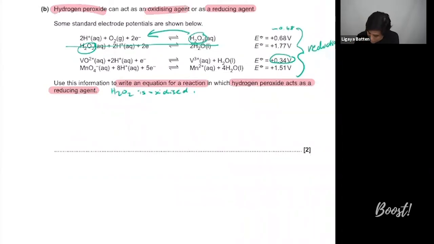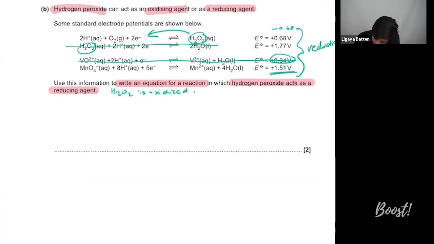So we can also cross out this, because this is not going to be a feasible reaction with the hydrogen peroxide that we chose. Just double checking this 1.51. If we add that to our minus 0.68, then we will get a positive value, which means that the reaction is going to be feasible.